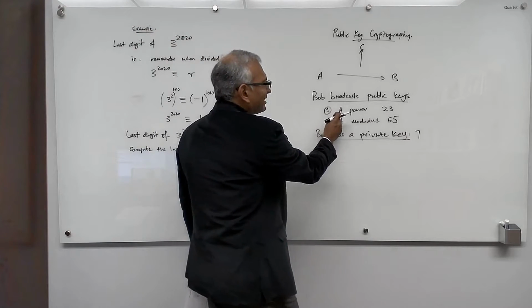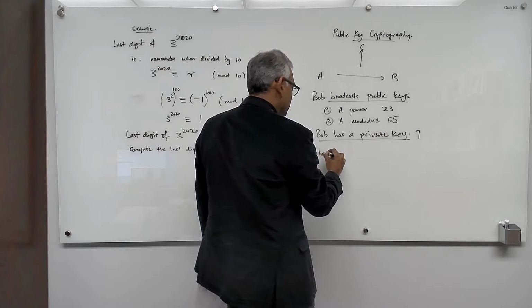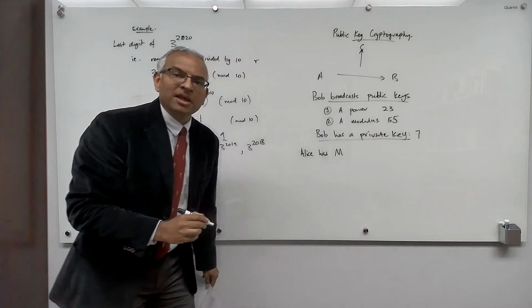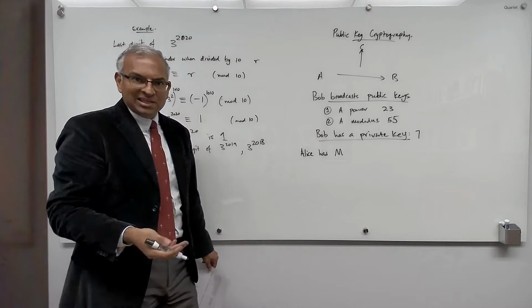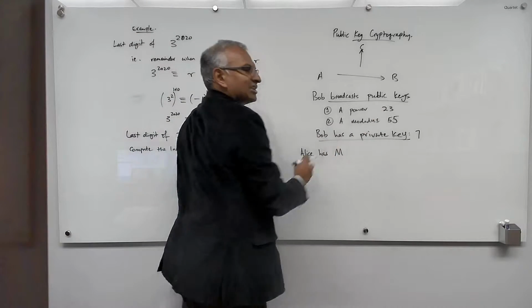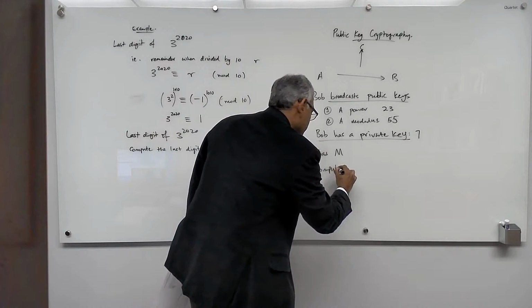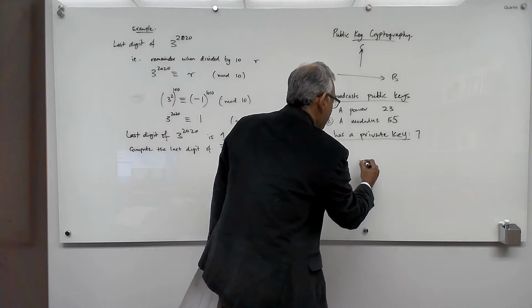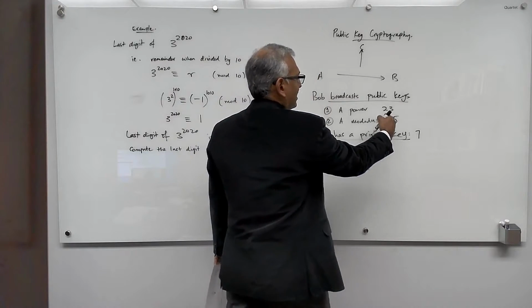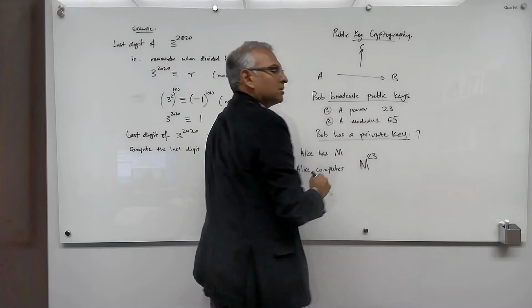Alice has message M. Instead of multiplying the message M by some private key K, Alice multiplies the message M by itself 23 times. So Alice computes M raised to the power 23 in the modular 55 world.